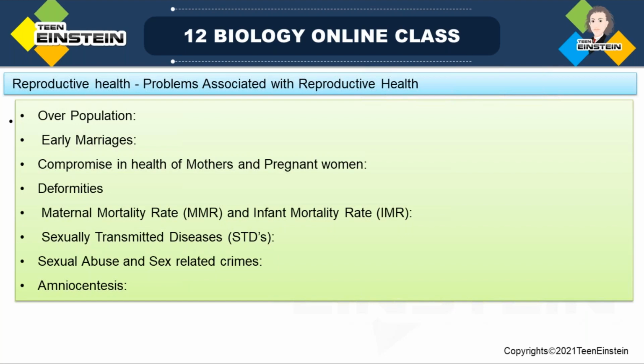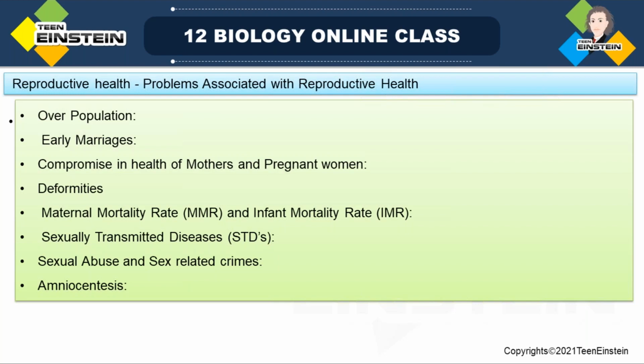So the mortality rate because of early marriages is more. Both maternal and infant mortality are high in the case of early marriages.